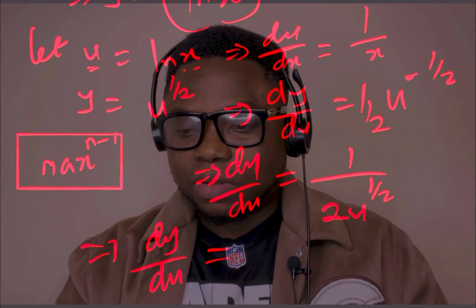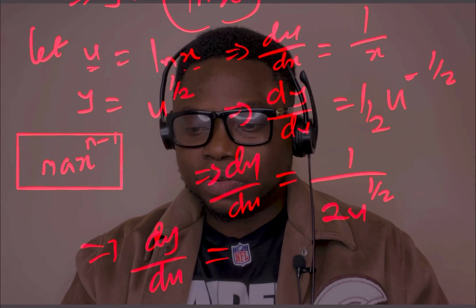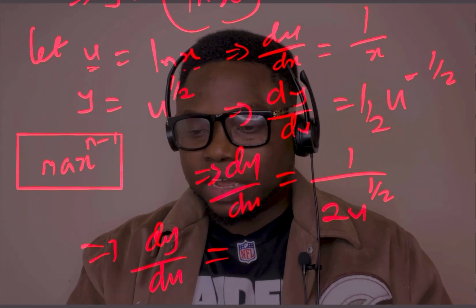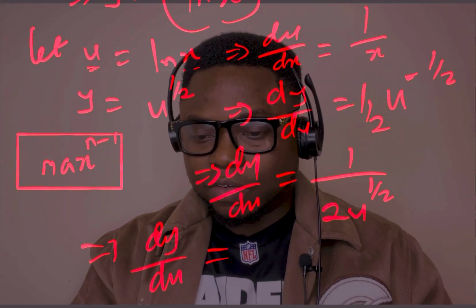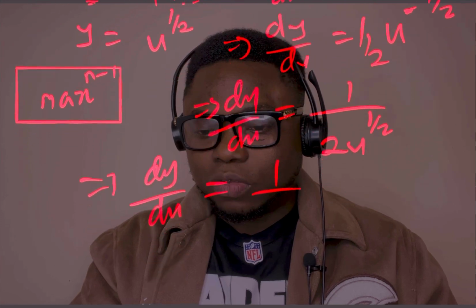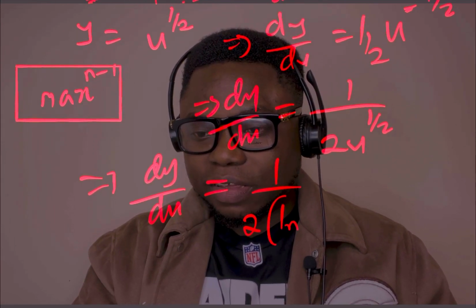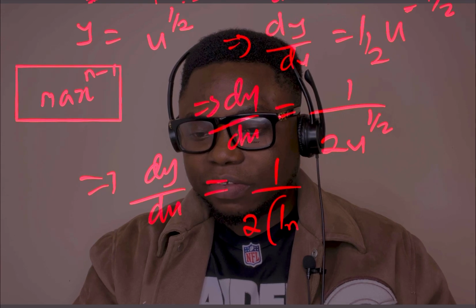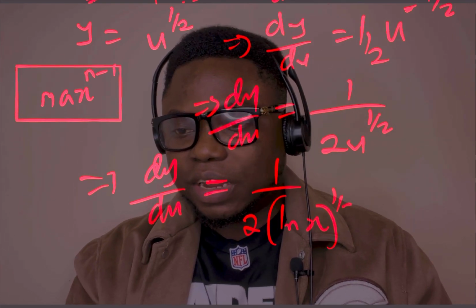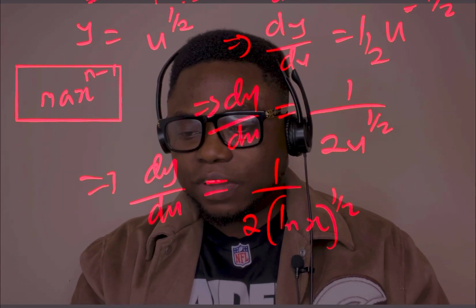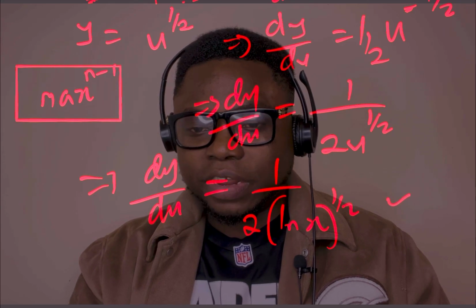So that means I'm going to replace u here with ln x, and I'll have 1 over 2 brackets ln x raised to the power of half. Now this is dy over du, but not the answer.